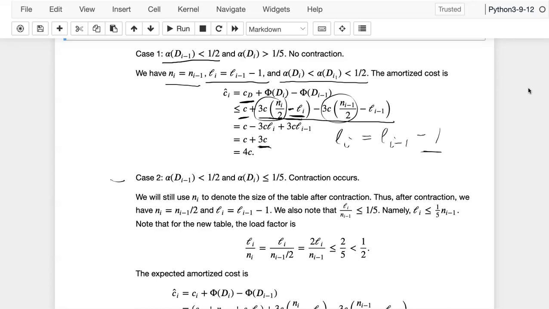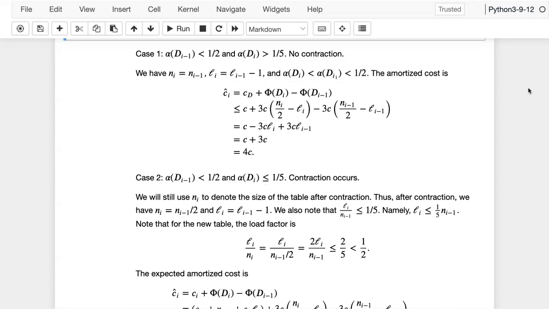So the next case would be: before deletion, the load factor is less than 1/2, and after the deletion, the load factor drops down to 1/5. In this case, contraction occurs.